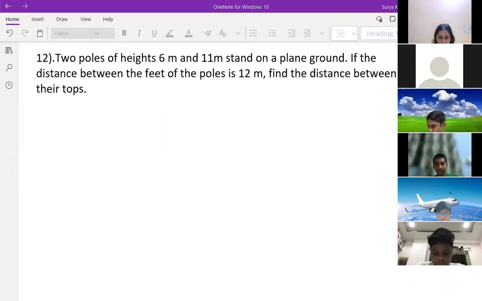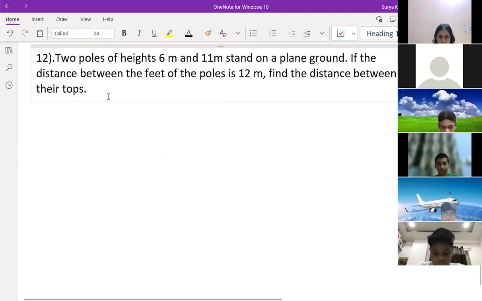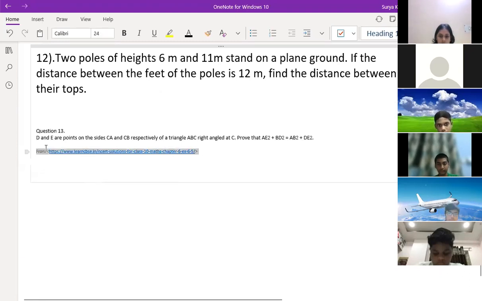This is your proving sum. Others, do you want to do proving sums? Sir, what is the teacher saying to do in class? Okay, try to do. Question number 13. This will anyway help you if they ask questions in the exam.